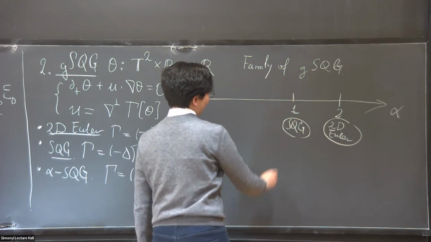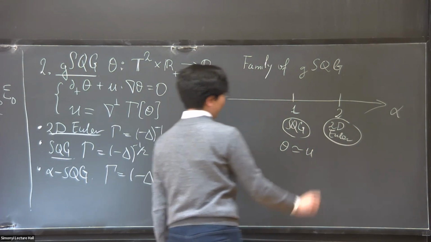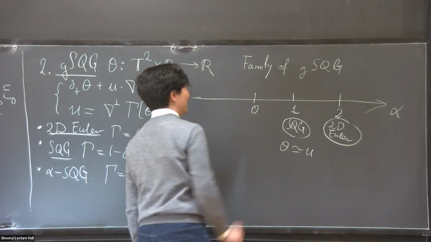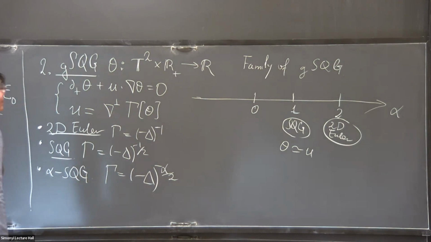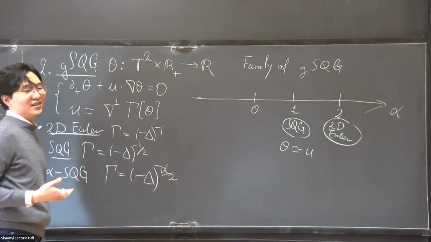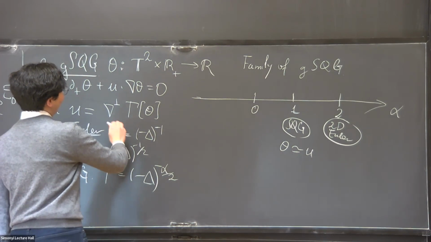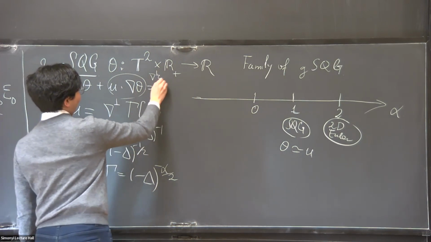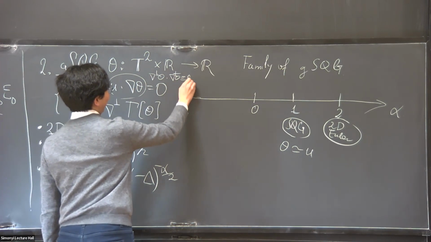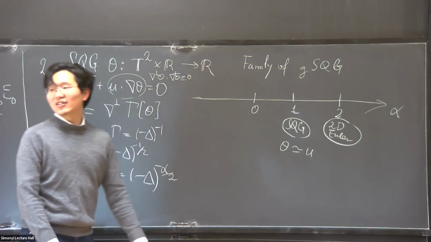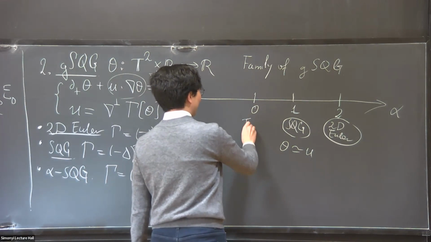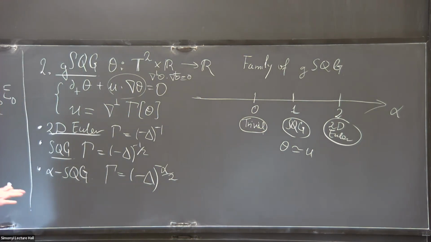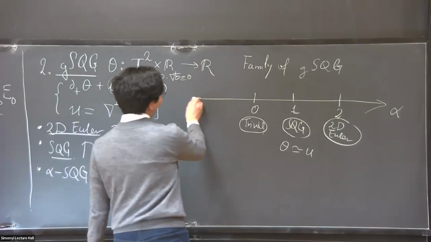And you see that at this point, theta is of the same regularity as the velocity. And when it is 0, it's kind of interesting because it means that gamma is the identity operator. And in that case, this nonlinear term is grad perp theta dot grad theta, which is identically 0. So the equation is completely trivial in this case. There's no equation.